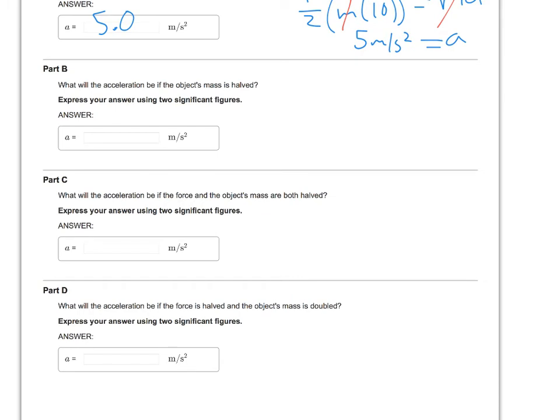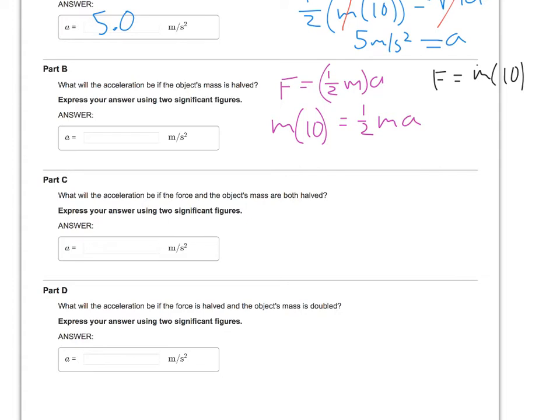Moving on to B here, what will the acceleration be if the object's mass is halved? All right, so I'm going to set this one up again, and I'm going to say now F equals 1/2 m times a. Back from my original situation, I have F was equal to m times 10. So once again, I'm going to take that original equation and sub it in there for F. And so we get m times 10 is equal to 1/2 m times a.